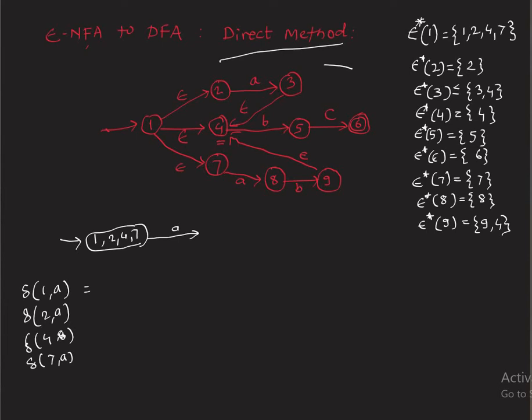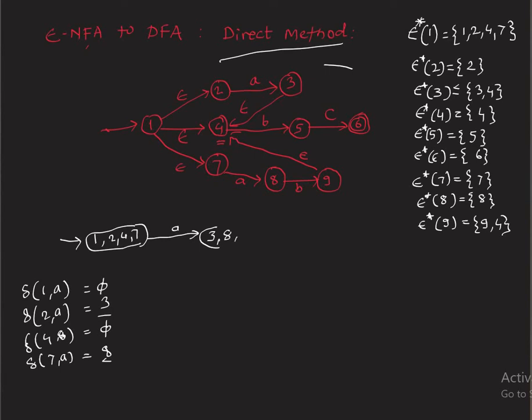So 1 on A is a dead state because there is no transition. 2 on A is going to state 3. 4 on A there is no transition. 7 on A is going to 8. So now we have got two states, 3 and 8. Now we are just going to write down these two states in our new state, 3 and 8.